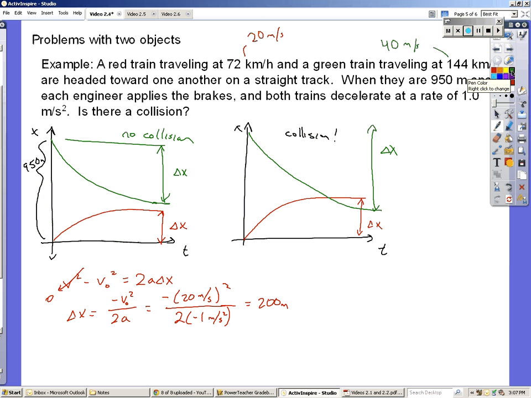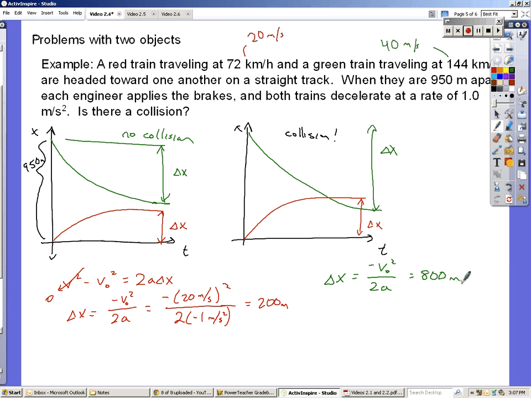Now the green train, on the other hand, is moving twice as fast. We'll use the same formula to figure the distance it travels, negative v naught squared over 2a. When we put the numbers in, we get 800 meters because it's going 40 meters per second instead of 20 meters per second.